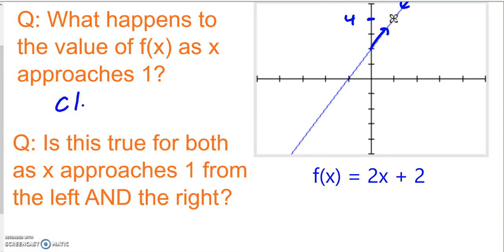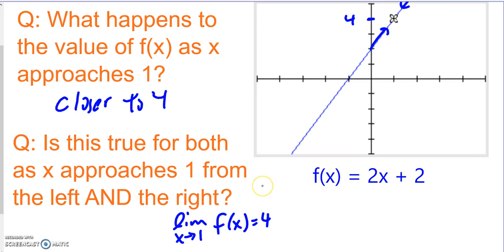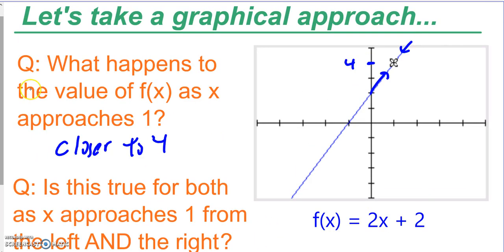So we use this limit notation: limit as x approaches 1 of f of x equals 4. And a special note here: please notice from the right and the left hand side, we figured out that it's approaching 4 from both of those, so they are equal to each other.